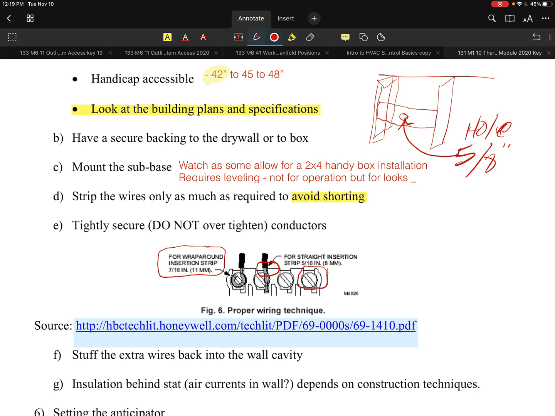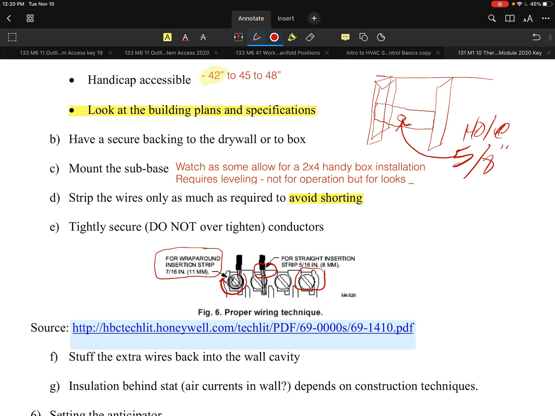The other thing I want to point out is that most screws we use on thermostats tighten in a clockwise manner. So I want to show you this. If I were tightening it, I'm turning that screw in that manner. That also means every single wire you put under those needs to be hooked in the same manner, so that it is under the direction of the screw. So this one right here, you need to loop it in that manner.